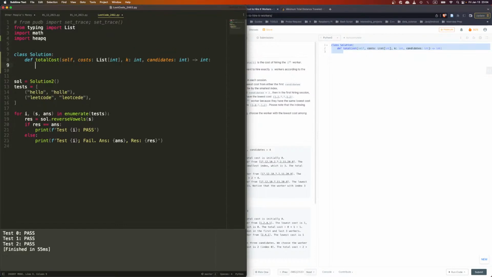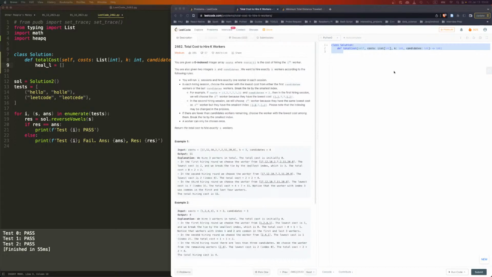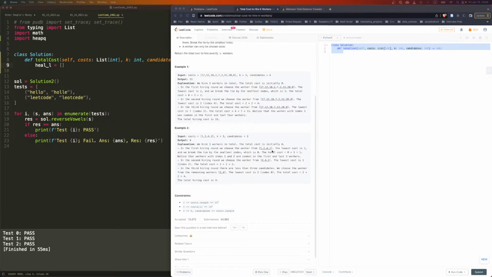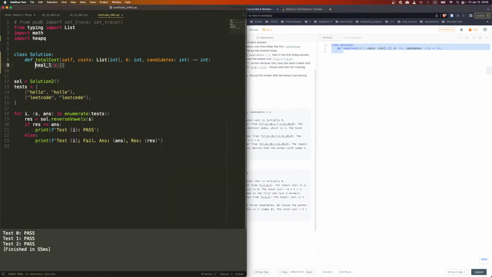So we can say heap left, heap L, and heap L will equal to... well. Okay, the candidates can be huge, so let's do it this way. N equals len of costs.